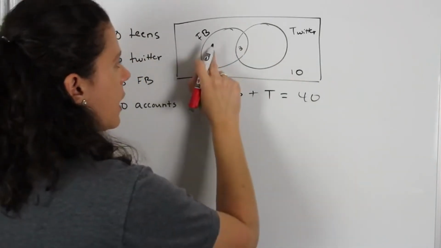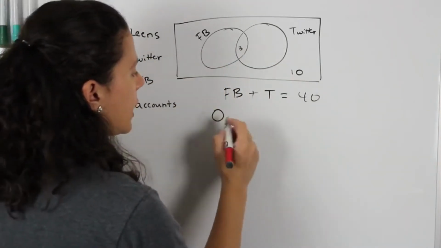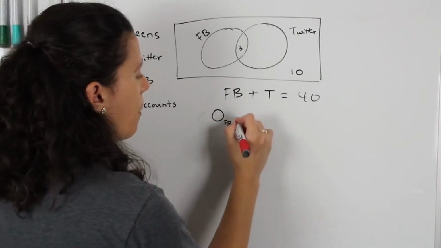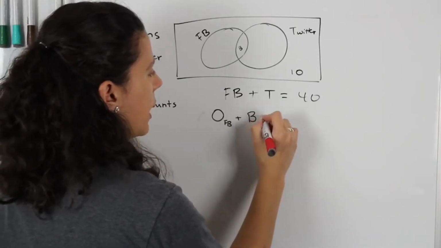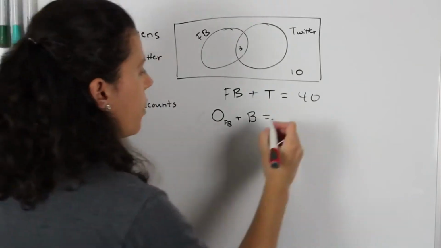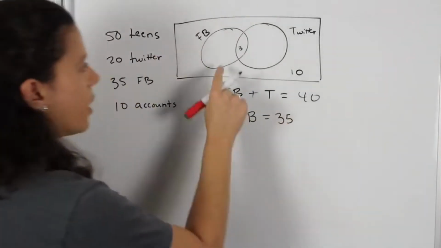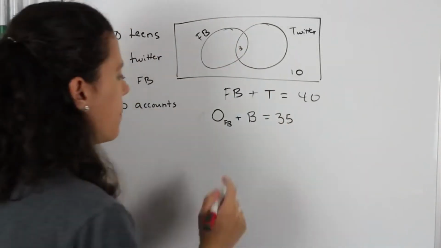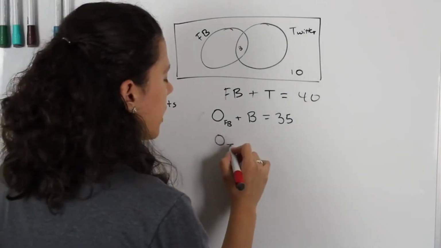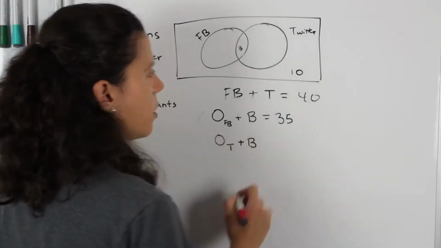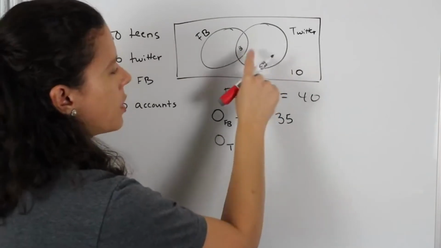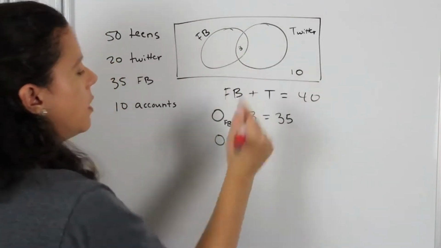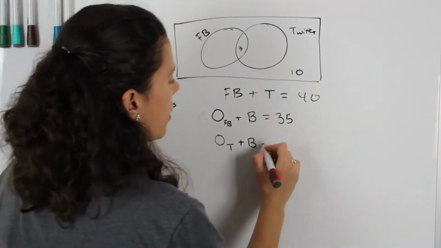So the kids that have only Facebook plus both is going to be a total of 35, right? Because they either have only a Facebook account or they have both. The ones who have only a Twitter account plus both, so Twitter only or both, is going to be 20.